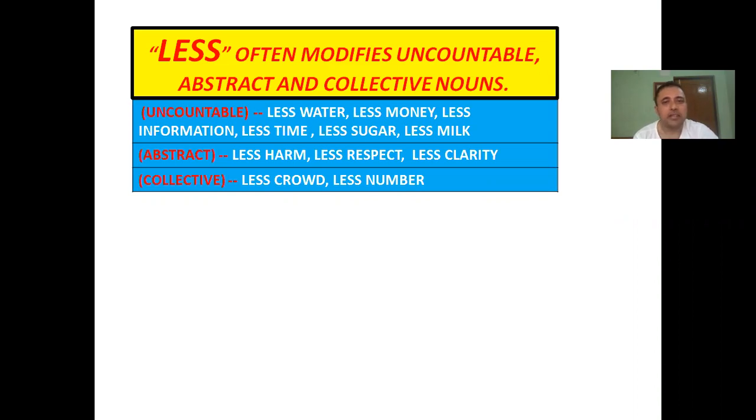Harm, respect, clarity, and words like those which are abstract nouns also take less when we have to use comparative language. And collective nouns, crowd and number. Crowd is taken as a singular collective noun. Number also refers to a group of something. So that will also require less to compare.